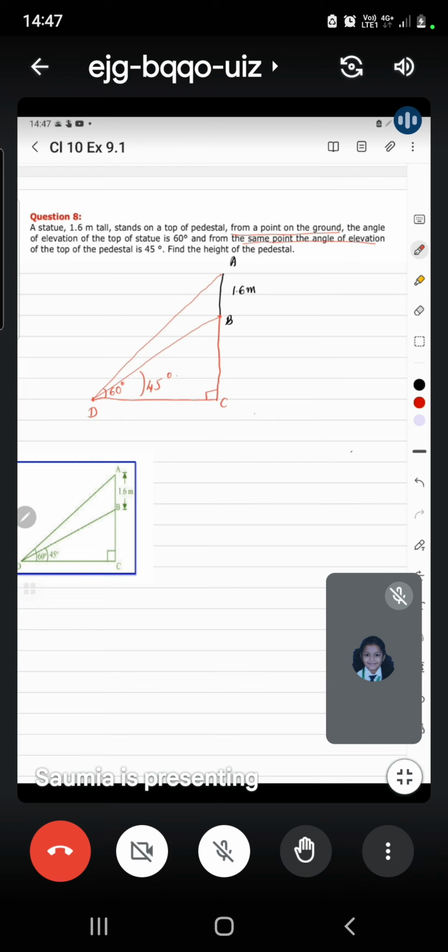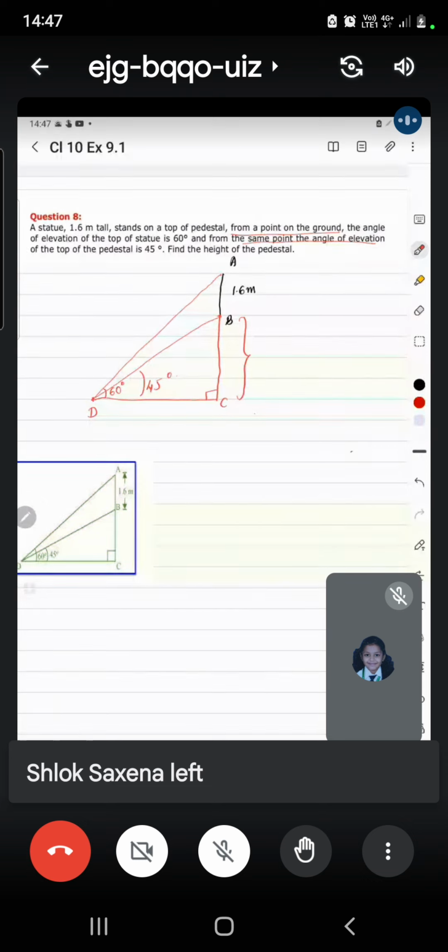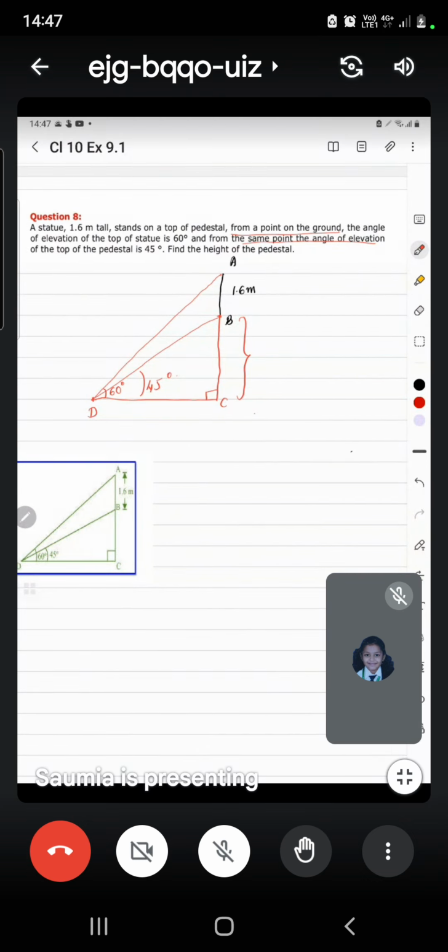You have to find the height of the pedestal. That means we are supposed to find out BC. Now, don't we have two right angle triangles, one inside the other? Yes or no? Yes, ma'am.